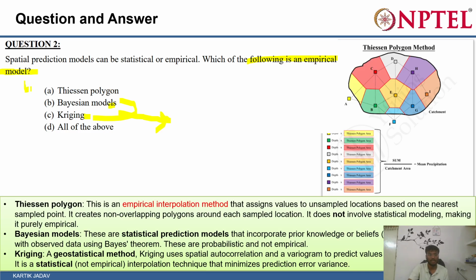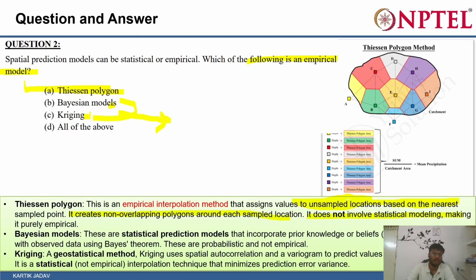While the Thiessen polygon is an empirical model because it assigns value to an unsampled location based on the nearest sample point. It creates non-overlapping polygons around each sample location. And it does not involve statistical modeling, which makes it purely empirical. So the correct answer is option number A.